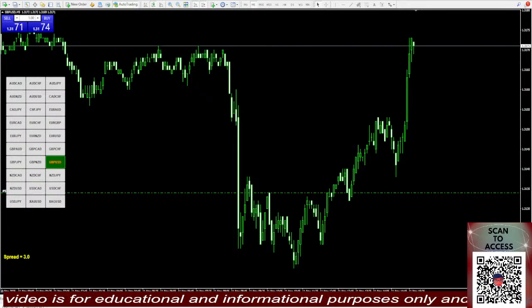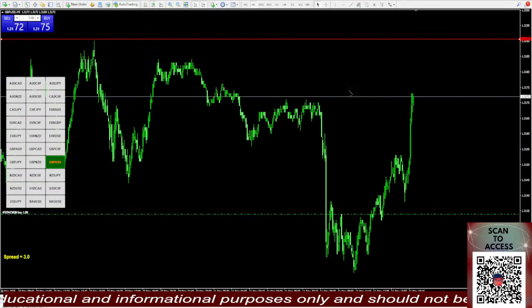Still trying to look for the break of this level here.